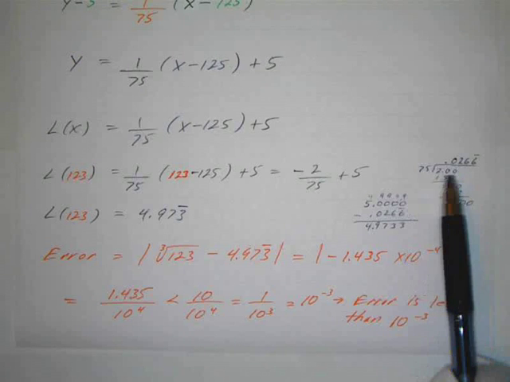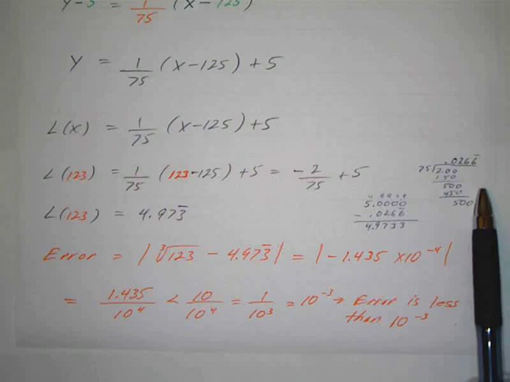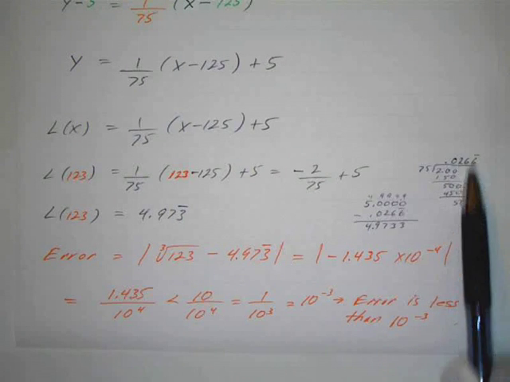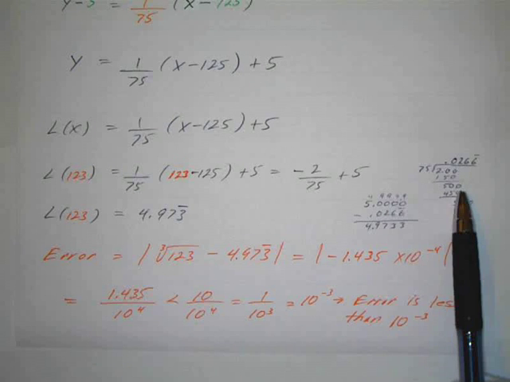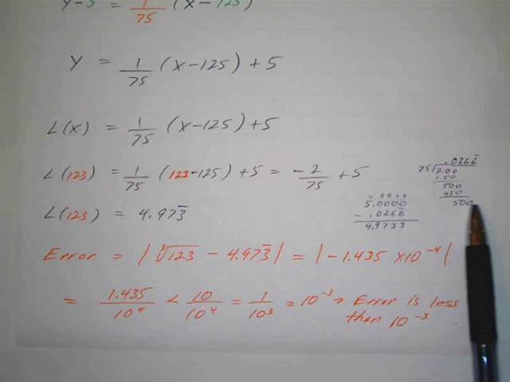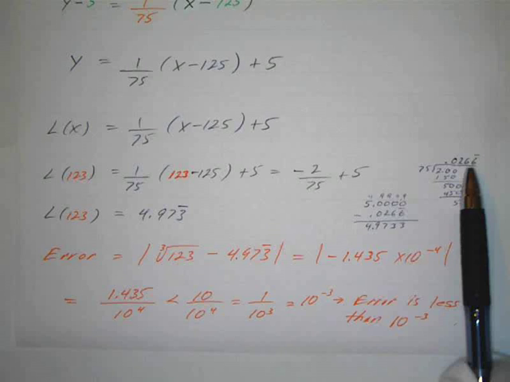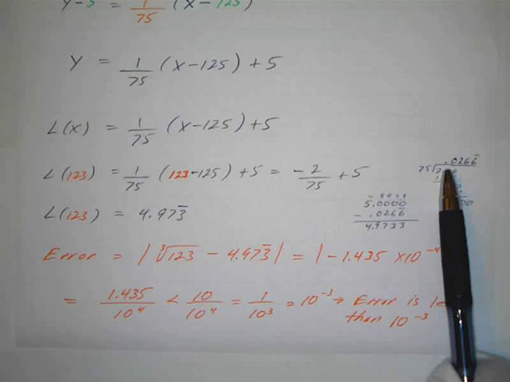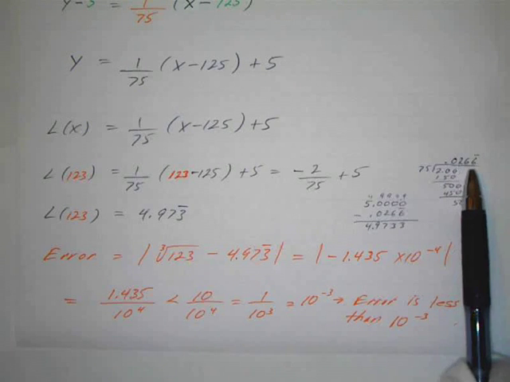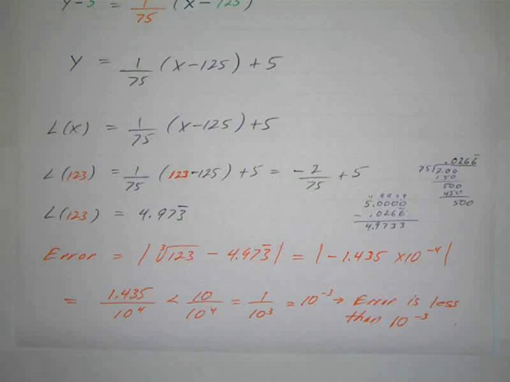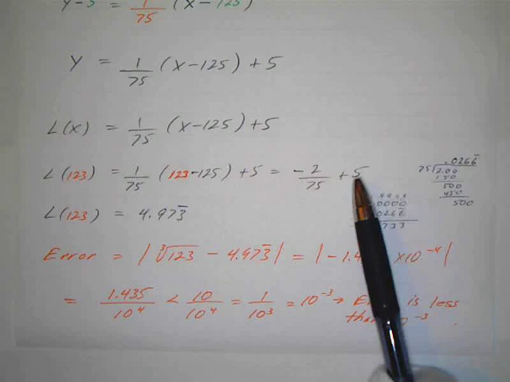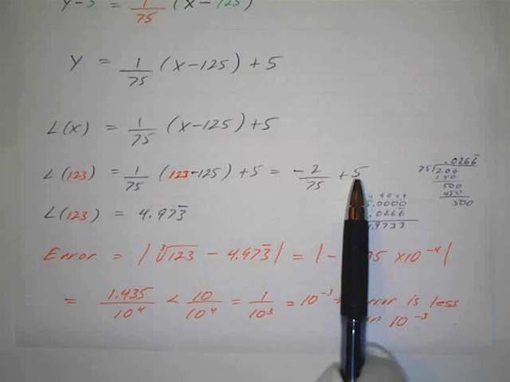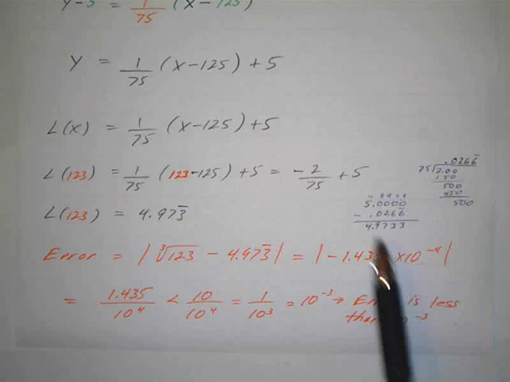It goes into 200 twice, that's 150. And then I end up with 50, then I bring down a 0. I have some zeros to keep bringing down, and it goes in there 6 times, and I get 50 again. So I keep getting 6, 6. So I get 0.0266, and I keep all these 6s. Okay, now if I subtract that from 5, because this is negative and this is positive, it's going to be 5 minus this to get a decimal.